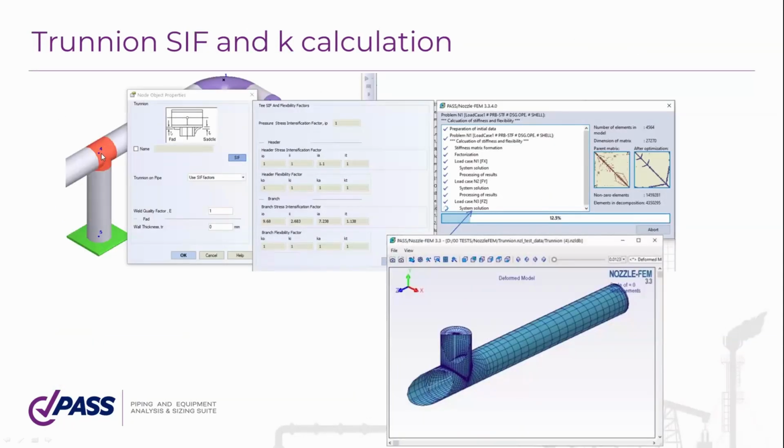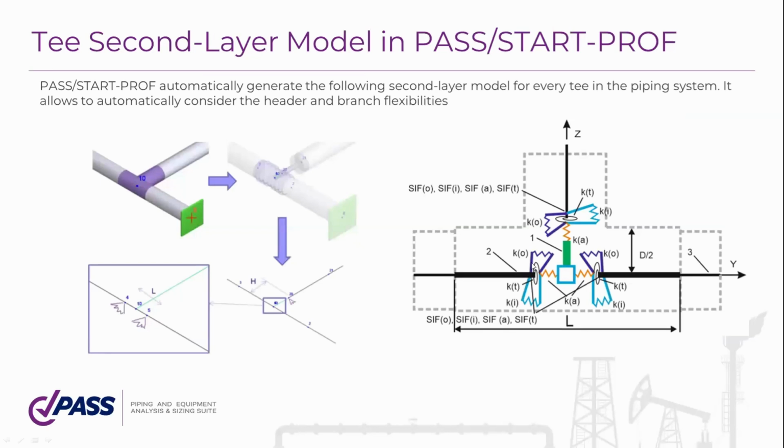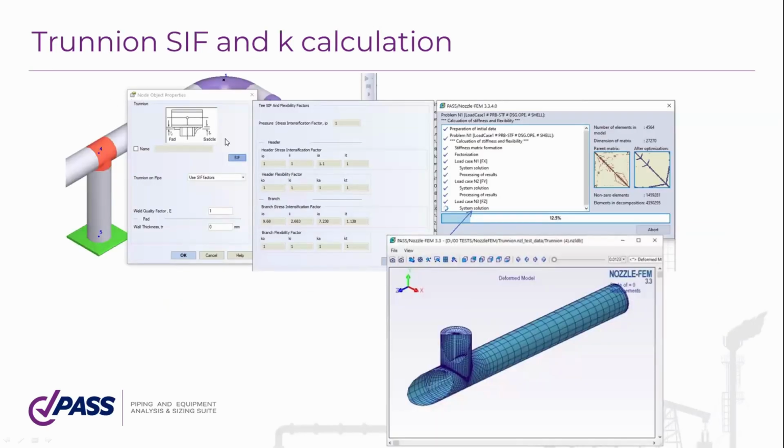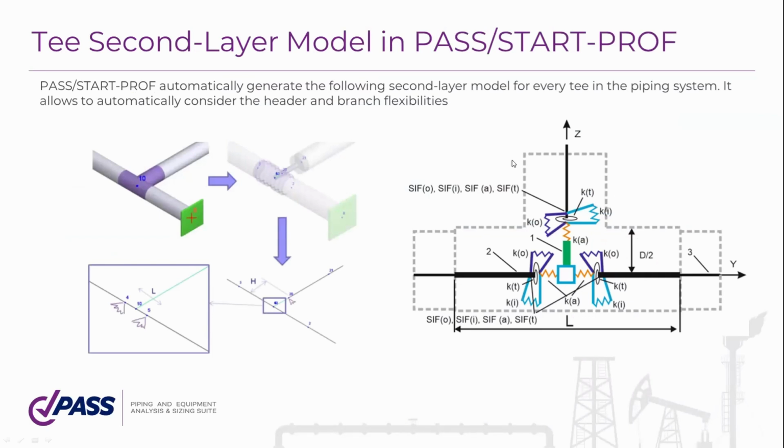And the same way you can calculate the Trunnion on the pipe element. So it's like an ordinary T, reinforced or unreinforced fabricated T, but without opening between header and branch. And automatically for any T elements, including this element Trunnion on the pipe, START-PROF creates the advanced model.